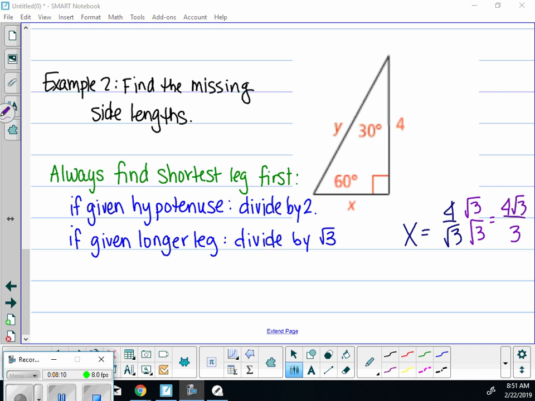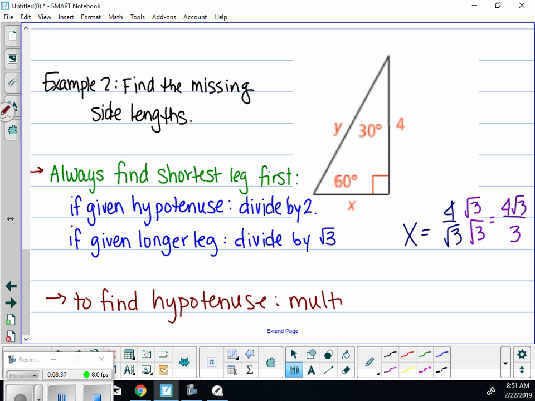Once you have the shortest leg, you either have to find the hypotenuse or the longer leg. Okay? So to find the hypotenuse, so once we have this shorter leg, multiply by 2.